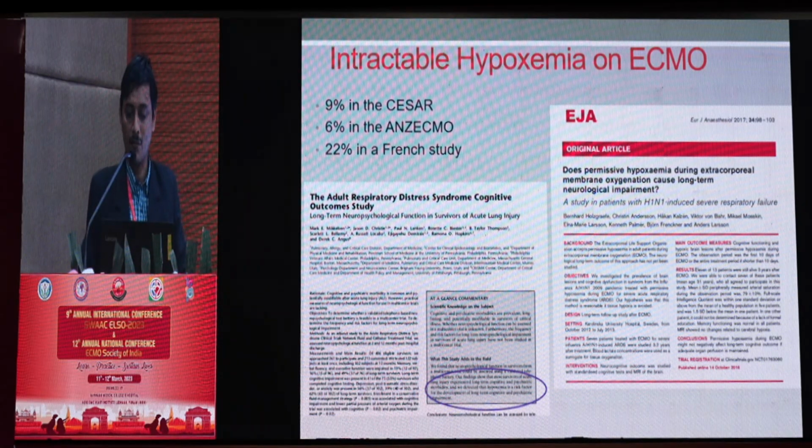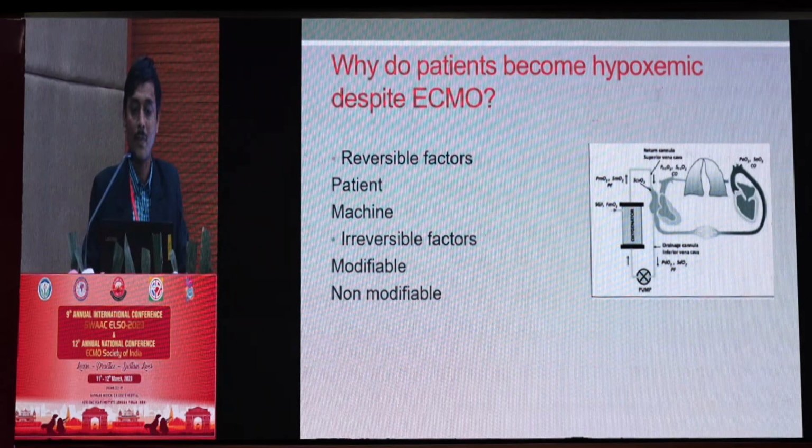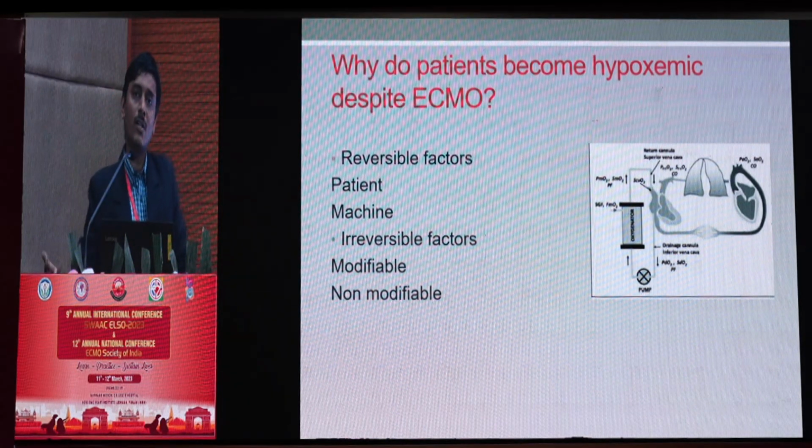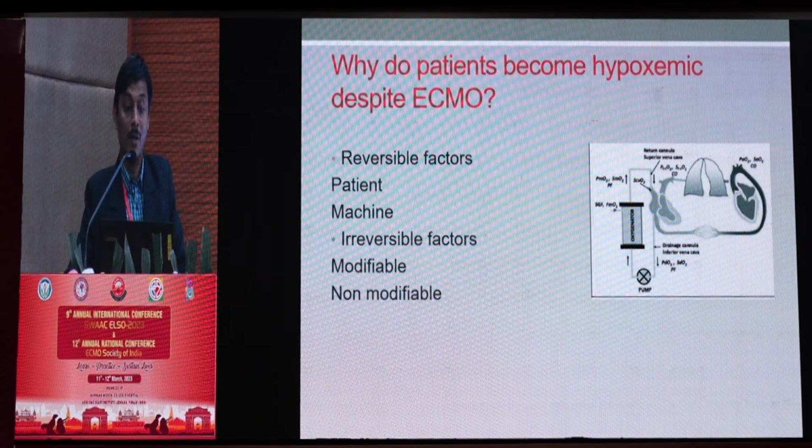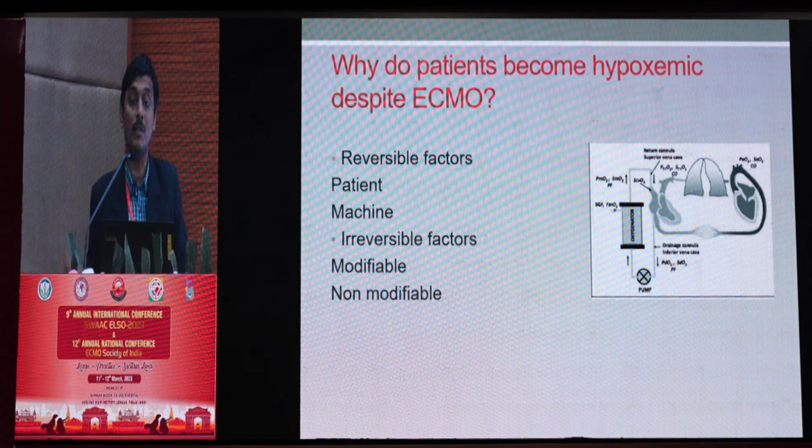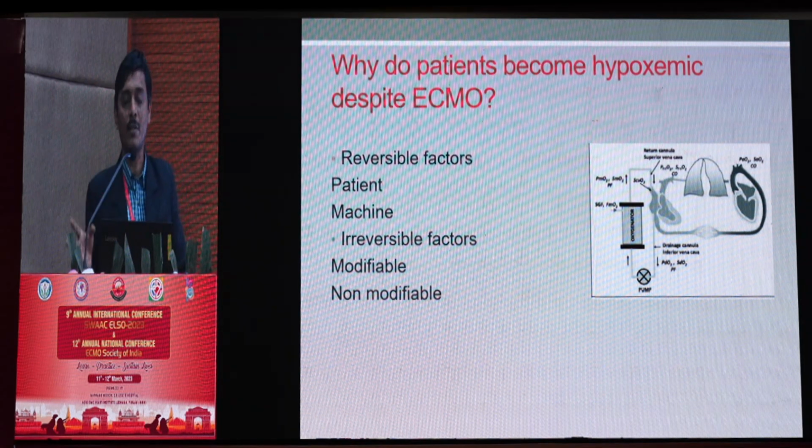Now, why is this difference? You need to think about why this is happening, and there are different ways of thinking about it. To me, when your patient on VV ECMO gets hypoxemic, the way I go about it is there should be some reversible factor somewhere which should be easily correctable, or there should be some irreversible factors to which I need to pay attention to.